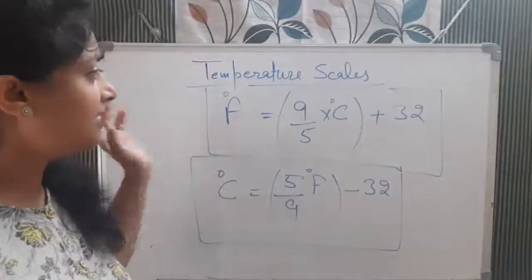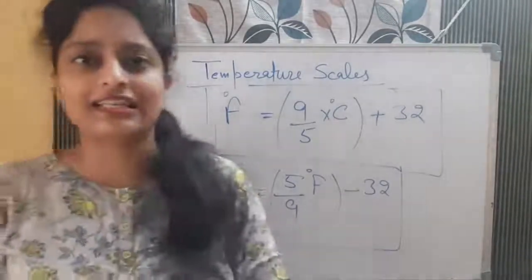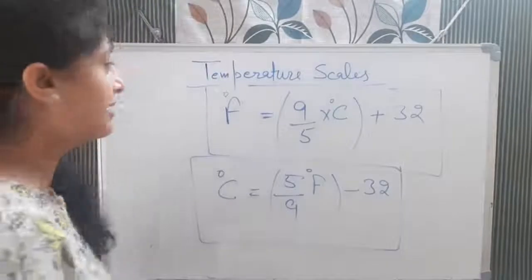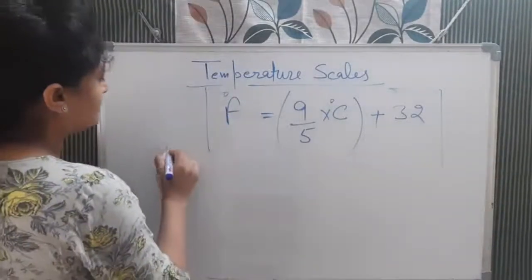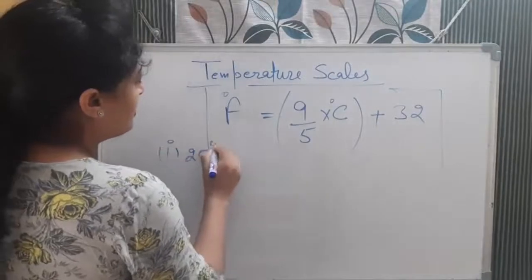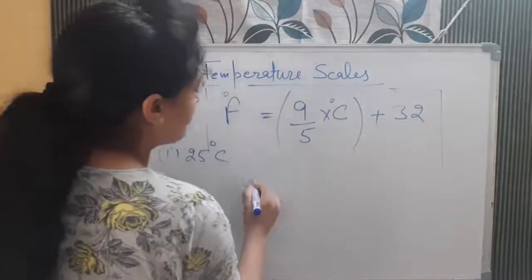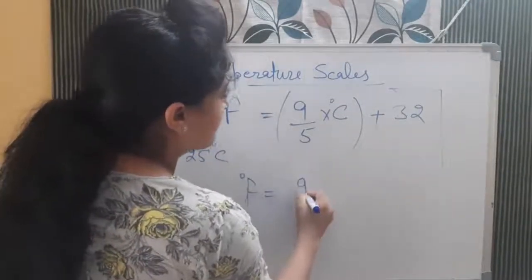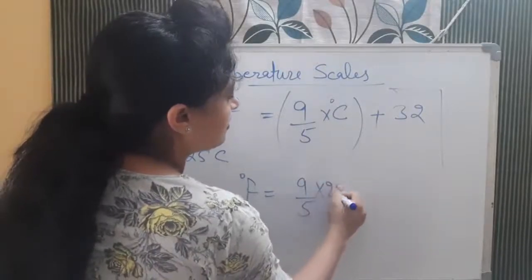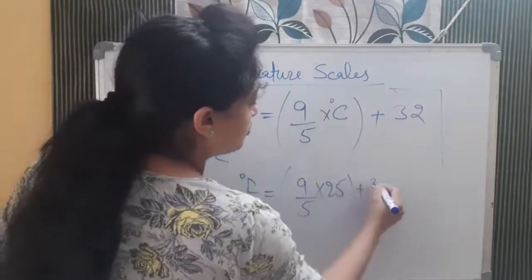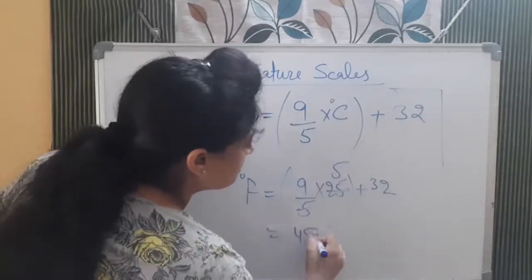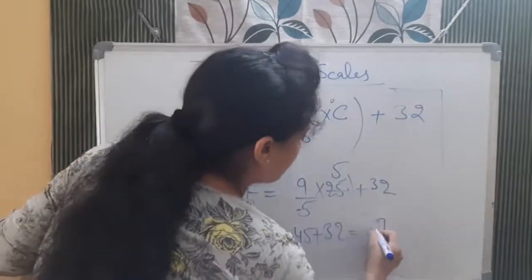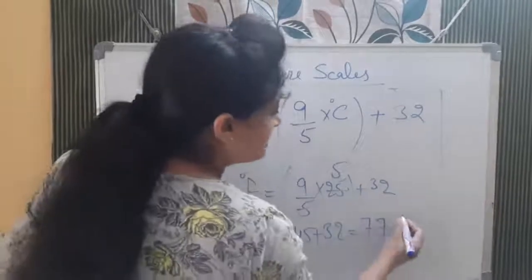For example, if I say 25 degrees Celsius, convert it into Fahrenheit. The formula you all know: Fahrenheit is equal to 9 by 5 into 25 plus 32. So what will happen? 45 plus 32, and it will become 77. 77 degrees Fahrenheit.